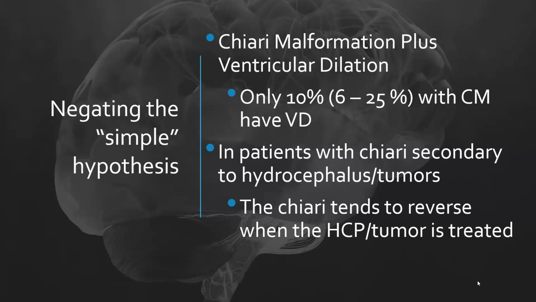And then if you look at patients who do have Chiari secondary to hydrocephalus or any other cause of intracranial hypertension, for instance, with tumors, you do tend to see some of this reversing when the hydrocephalus or the tumor is treated. But then again, not all of these reverse as well.